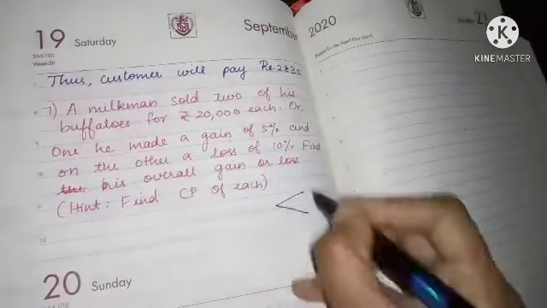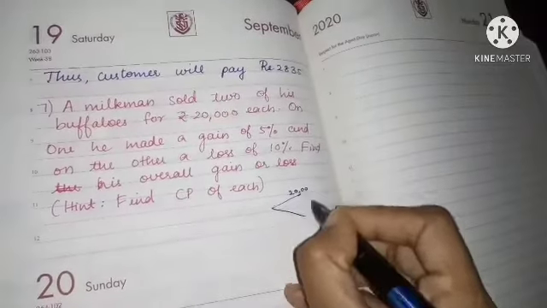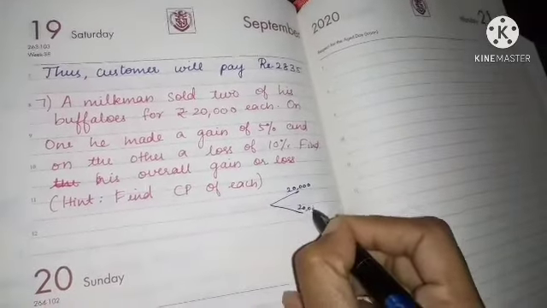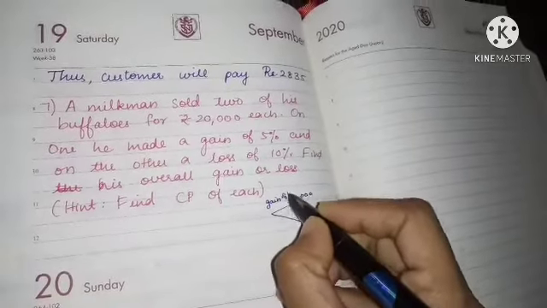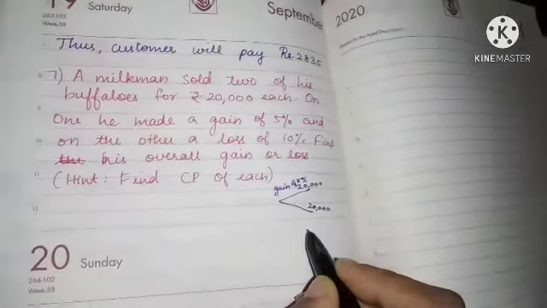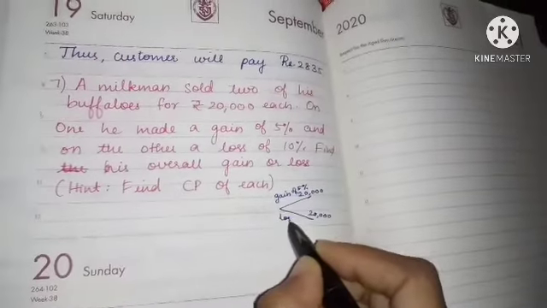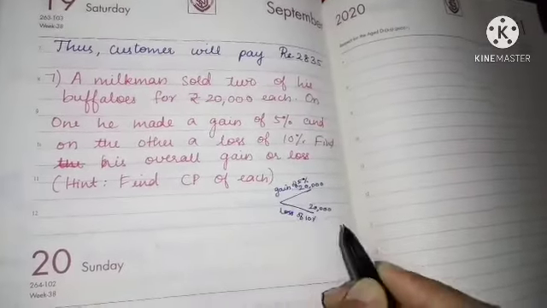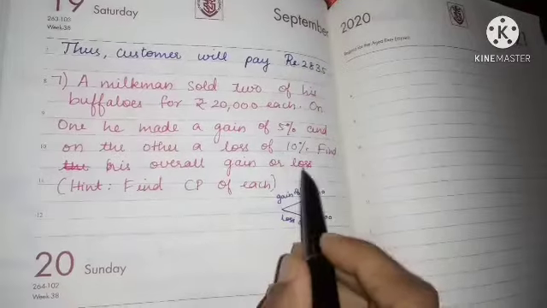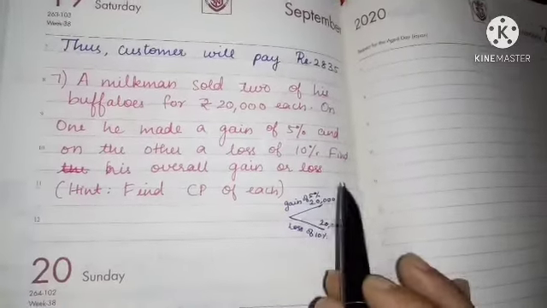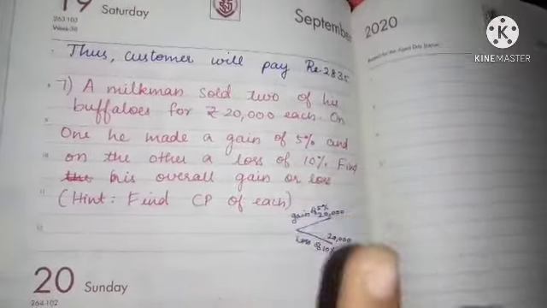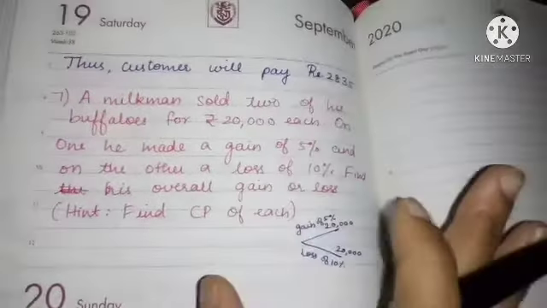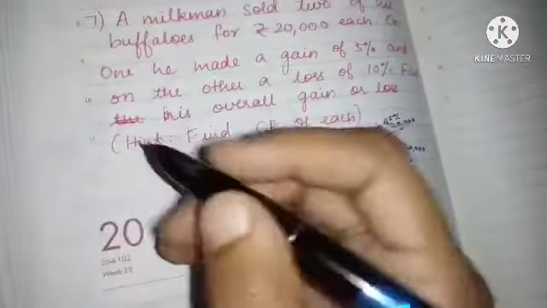So when he was selling each buffalo, on one buffalo he got a gain of 5%, and on the other he got a loss of 10%. Find his overall gain or loss. We should find whether in this business there is an overall loss or gain in selling these buffaloes.